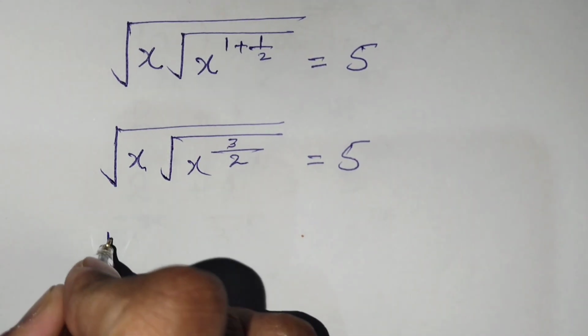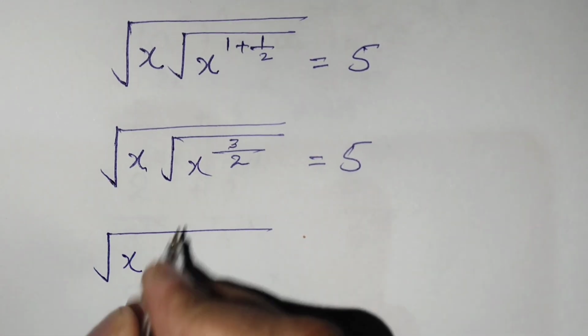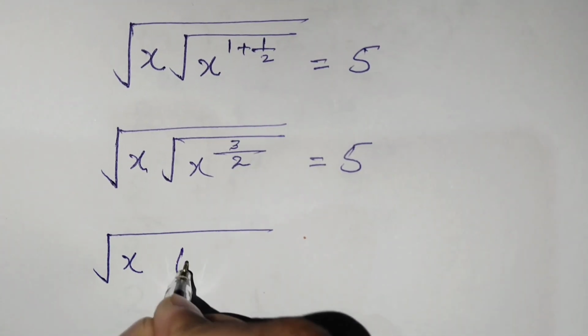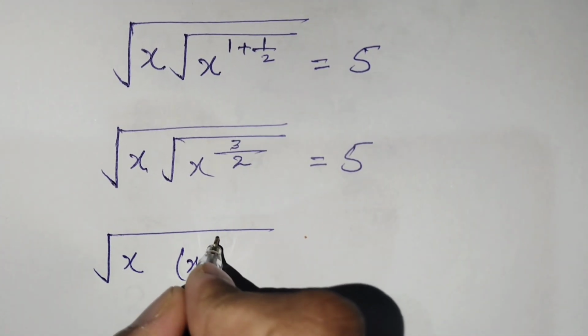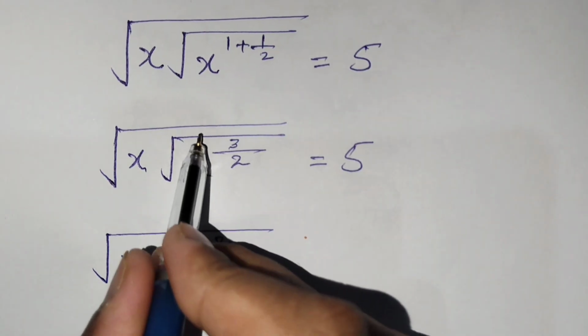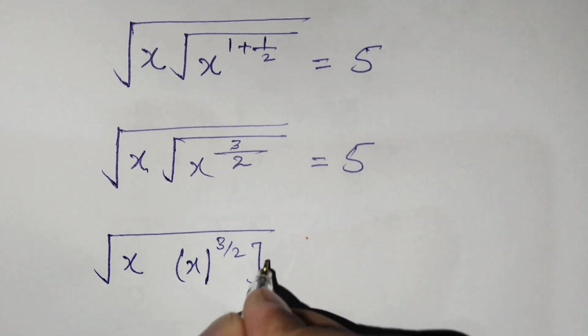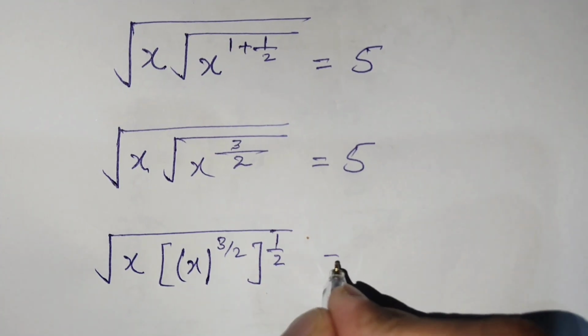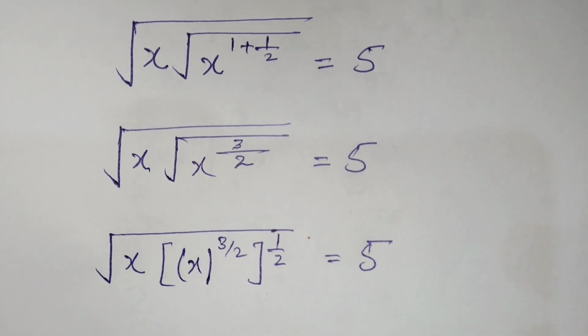And square root of x, and this is x power 3 by 2, and this square root is power 1 by 2, is equal to 5.